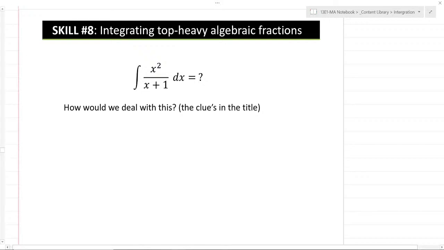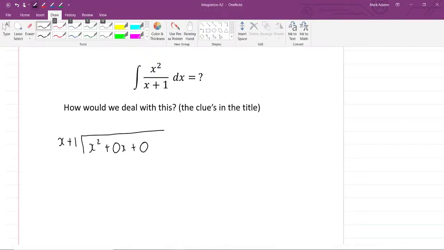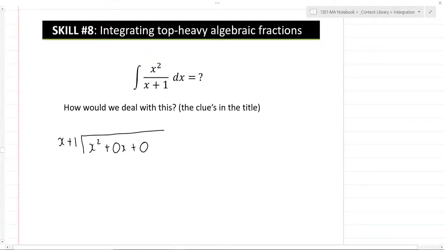So the starting point is I'm dividing by x plus 1, that's just fine outside. But how many times does that go into x squared plus 0x plus 0 there, like so? Does that make sense? I've got to use those there.